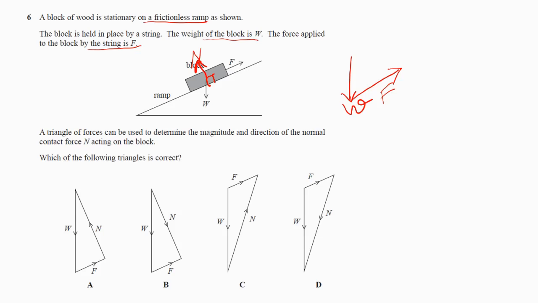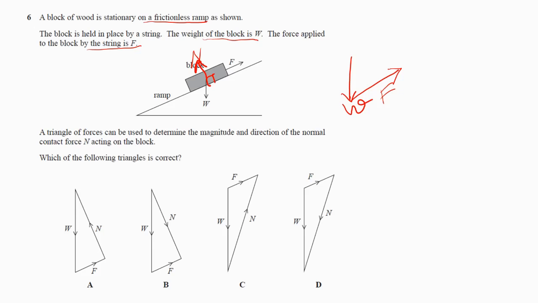Next, the force from the string. The tension in the string is F, which is always parallel to the plane. In all the options, again the direction of F is parallel to the plane. It is right. Then what about the next condition?